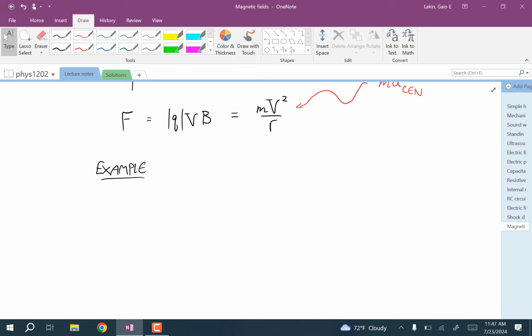Okay, let's say that we have an electron moving in a magnetic field where everything is coming out towards us. So this is the magnetic field. And the electron is moving this direction at an instant.